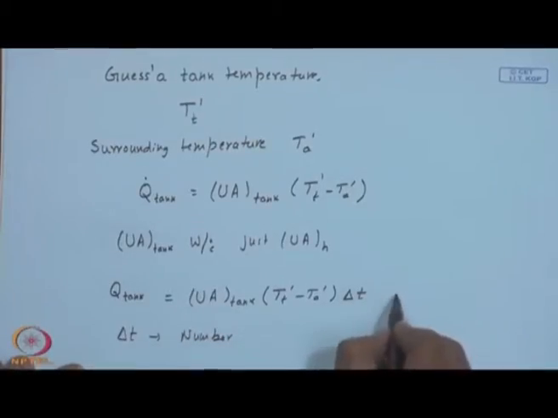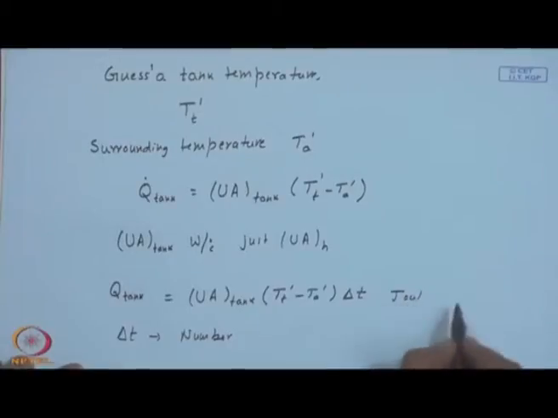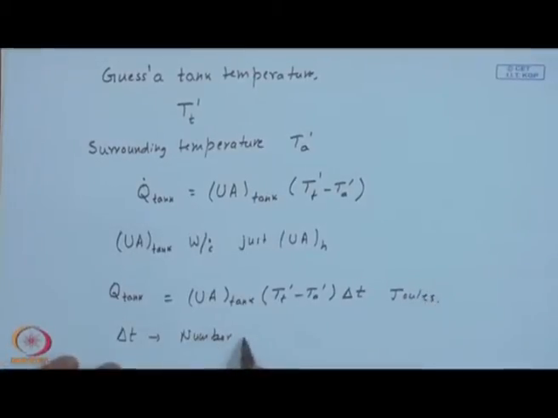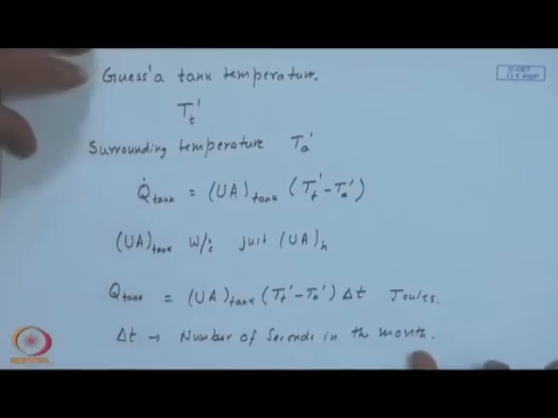This makes it joules. If U is in watts per meter square degree C, this will be so many joules, times the number of seconds in the month.